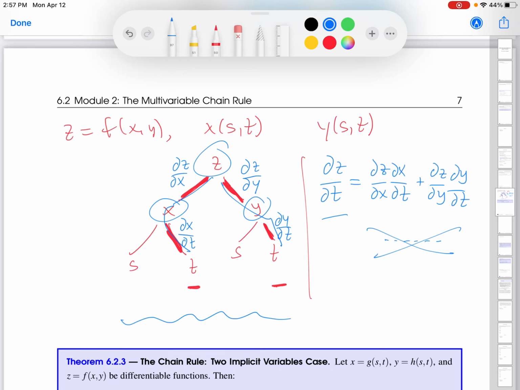So that is a good reason to add this view of the chain rule to your repository of ways to remember the chain rule, because you can imagine if I had added a third variable here, w, or a third variable over here, like q, the complexity could balloon very quickly.